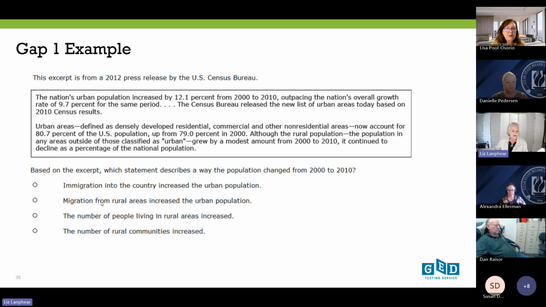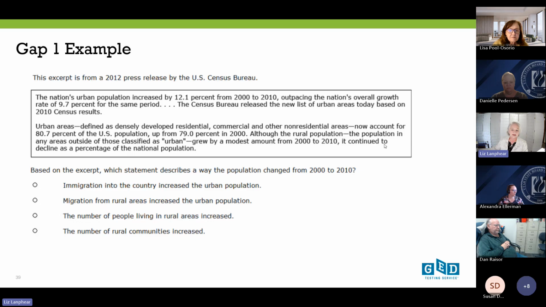The second one, there's nothing about new urban population. So we know that's not correct. And then the third one is correct. The last sentence here says that it grew a modest amount from 2000 to 2010.